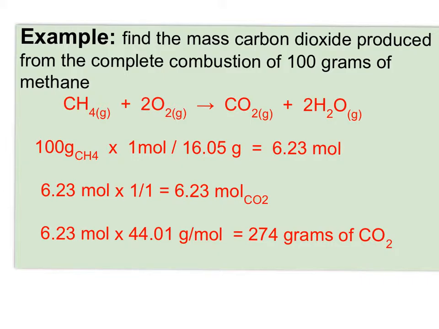And remember, you need to go ahead and include this ratio so that IB and myself know that you realized you had to look at the molar ratio. We aren't going to assume you looked at it unless you show us. So it's also 6.23 moles of CO2. And so I multiply by the molar mass of CO2, and I realize that 100 grams of methane will produce 274 grams of CO2, which is one of the problems with burning hydrocarbons.